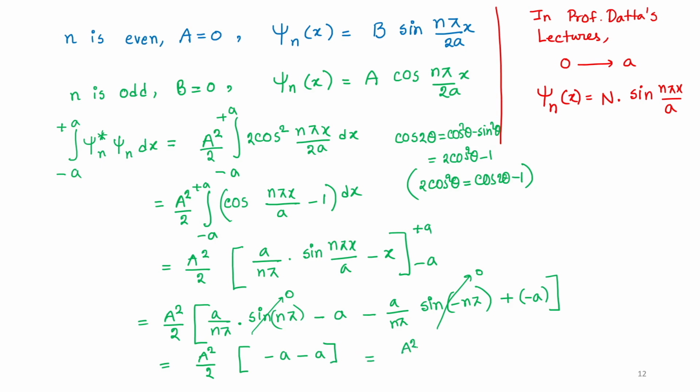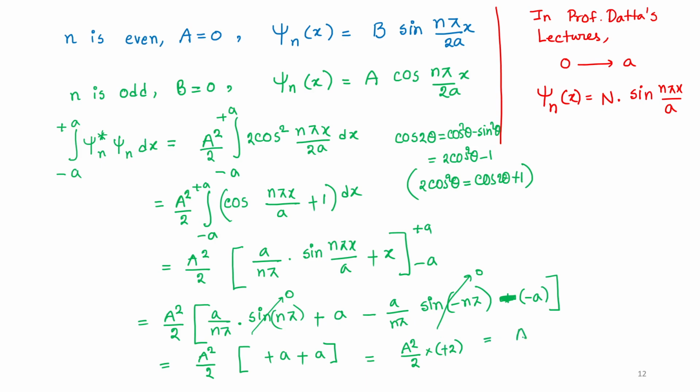So a square by 2 into minus 2. Did I make any mistake here? Yes, I have made a mistake. See, it is cos 2 theta plus 1, right? 2 cos square theta. So it will be plus and it will be minus here, so overall it will be plus. I hope you got what change I just made. I made a mistake here and I just changed it.